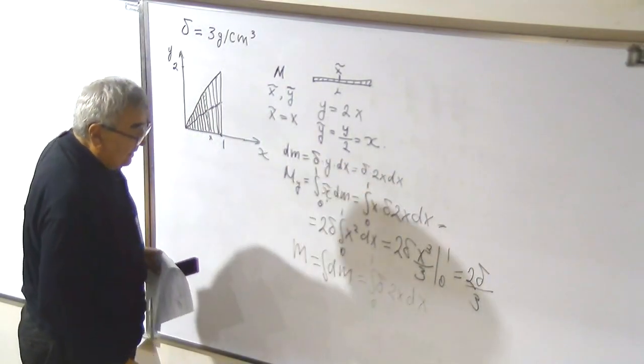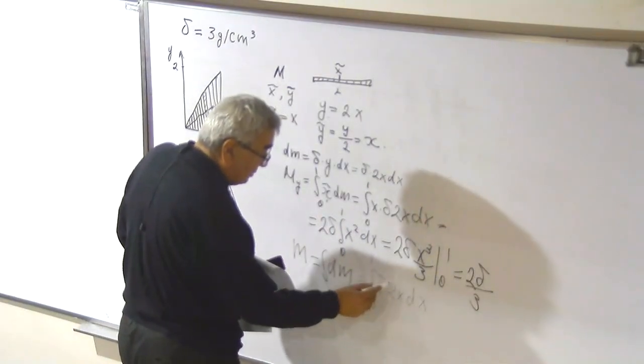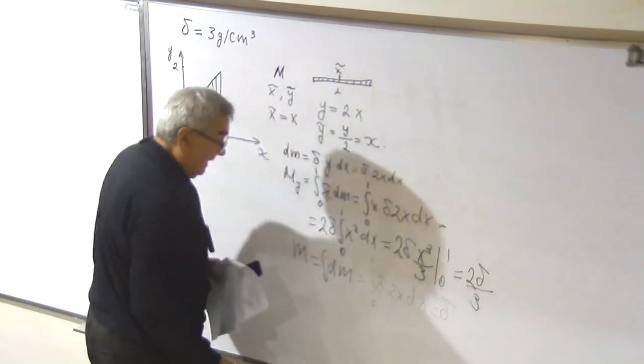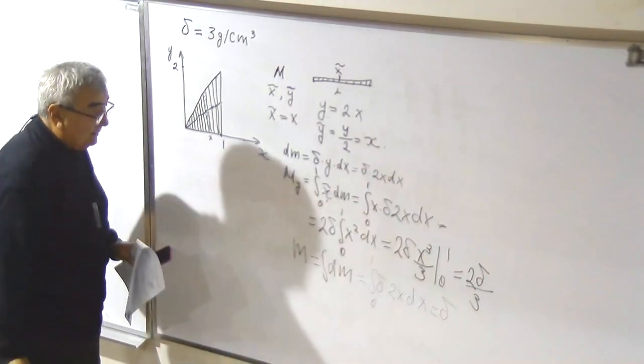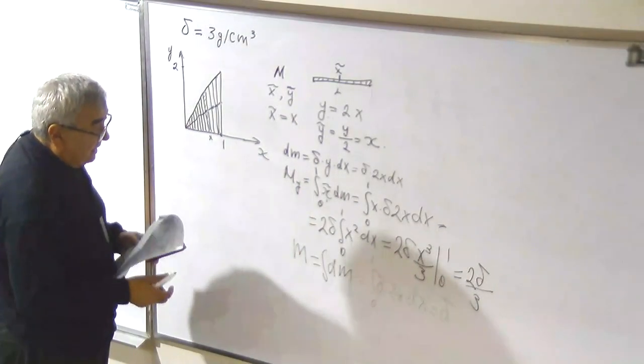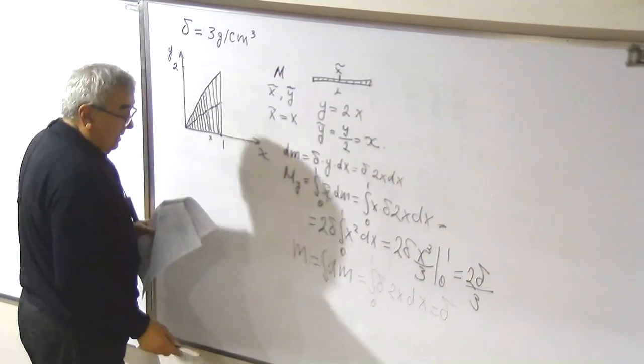If you calculate this integral, it gives us x squared divided by 2. This is cancelled. We receive the answer delta. That means the mass is equal to the value of delta, because the integration is from 0 to 1.